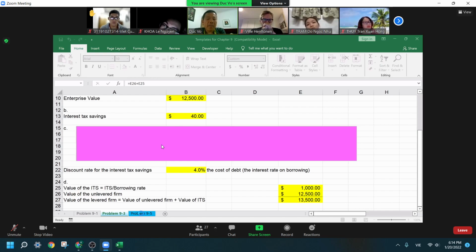We discussed the DCF, the discounted cash flow, but there is the issue with the cost of capital. So we move to the APV, adjusted present value. However, regardless of that, the DCF is still the most popular method compared to the APV.